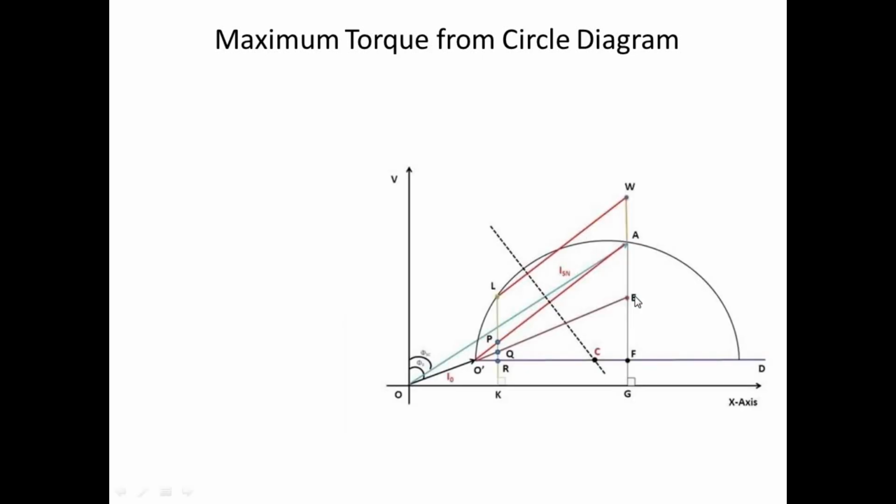Maximum torque that can be developed by the induction motor. So consider the circle diagram, and we have to find the point corresponding to maximum torque on the circle.